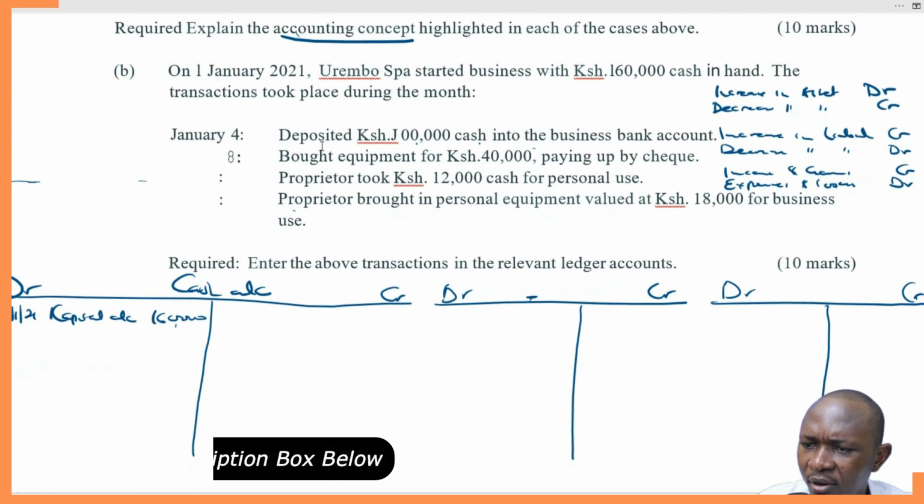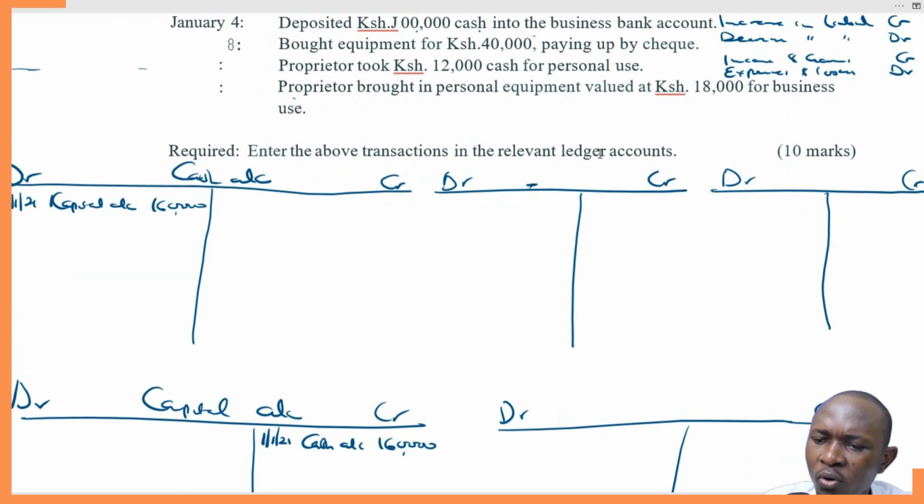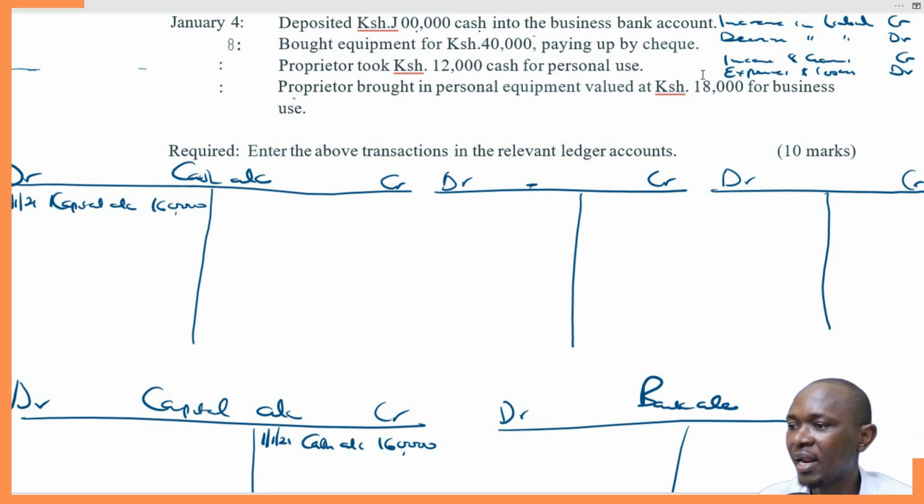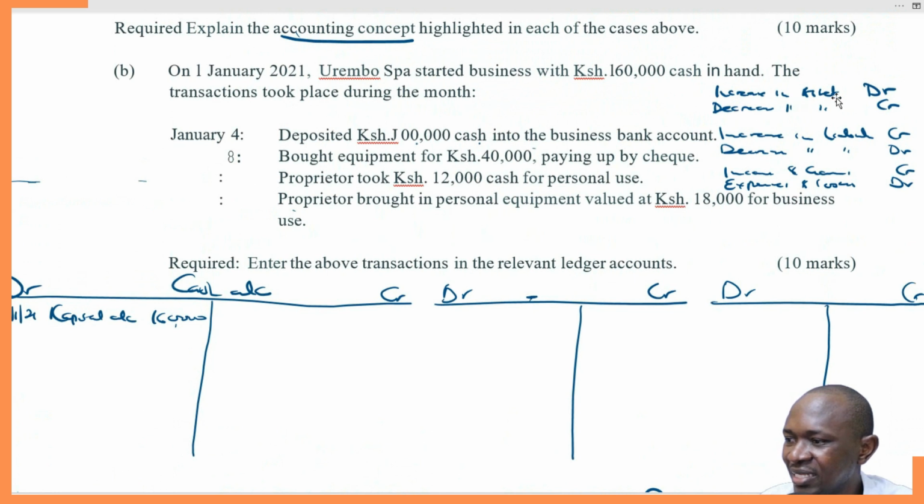Then during the month, January 4th, deposited 100,000 cash into bank account. So we took money from our cash account and took it to our bank account. So we can open the bank account. Bank account gained, cash account lost. All of them are assets. When there's a decrease in asset, we credit. When there's an increase in asset, we debit.